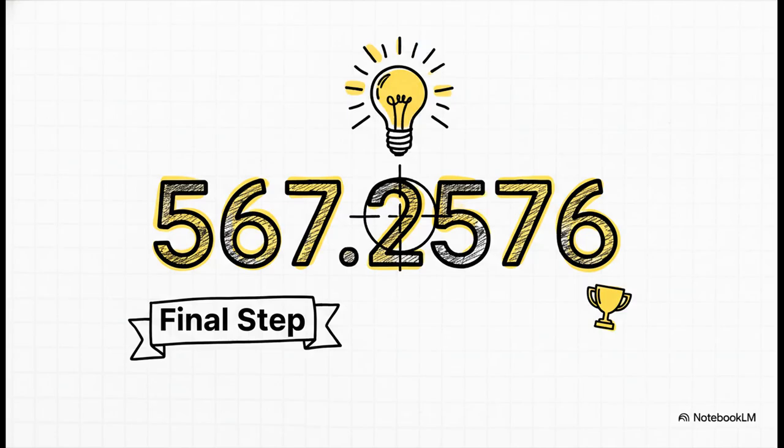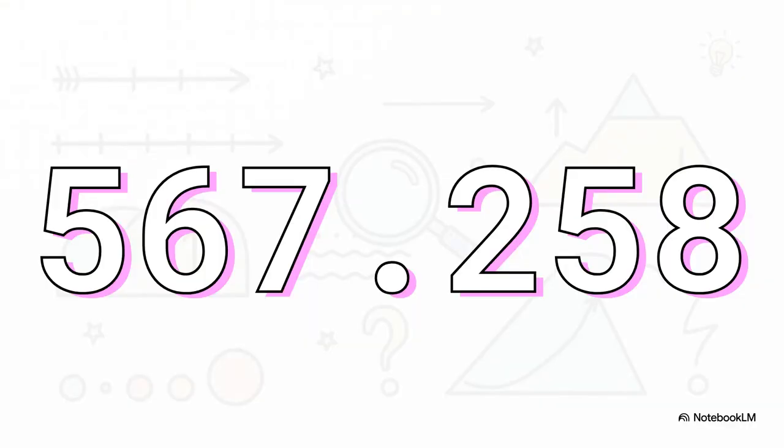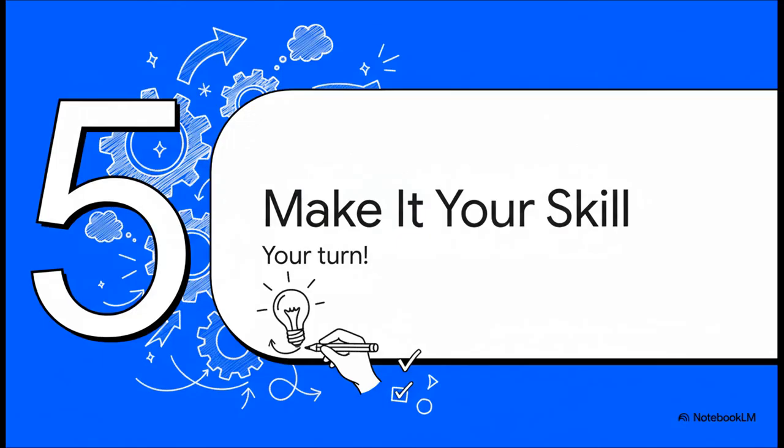Let's round it to the nearest thousandth. I bet you already know what to do now. Our target digit in the thousandths place is the 7. Its neighbor to the right is a 6. And since 6 is on the round-up team, our 7 gets rounded up to an 8. Our final, simple, rounded number is 567.258. Fantastic!